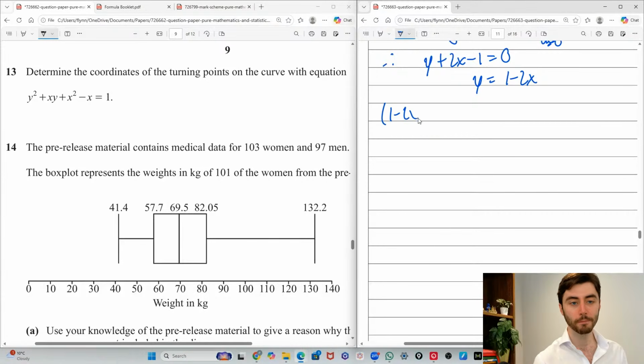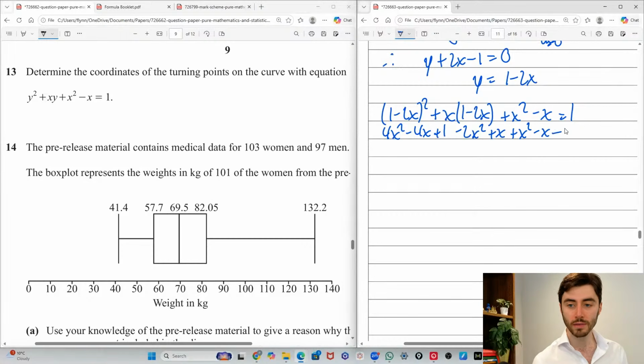So y squared plus xy plus x squared minus x equals 1 means 4x squared minus 4x plus 1 minus 2x squared plus x squared minus 1 equals 0. So combining the x squareds, 4 minus 2 is 2, plus 1 is 3. These two cancel, so it's minus 4x. And the minus, those cancel, so it's 0.